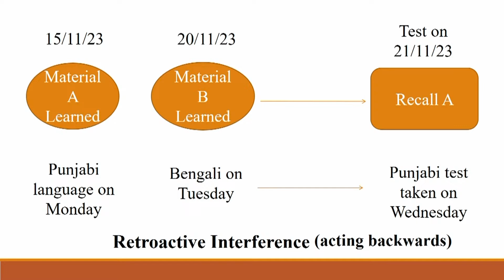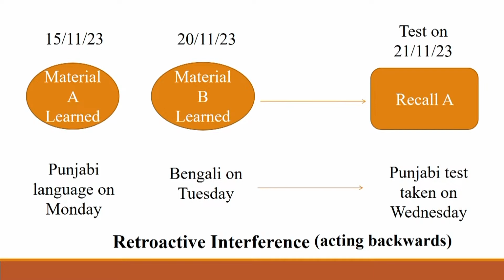Here I am asking you to recall A, the old material which you have learned. Old, I am referring to here, is just with respect to the timeline. So here the new material is interfering with the old material.